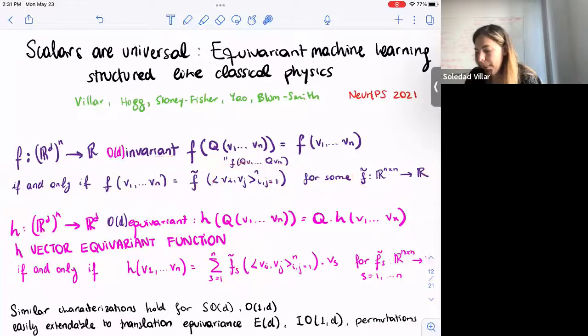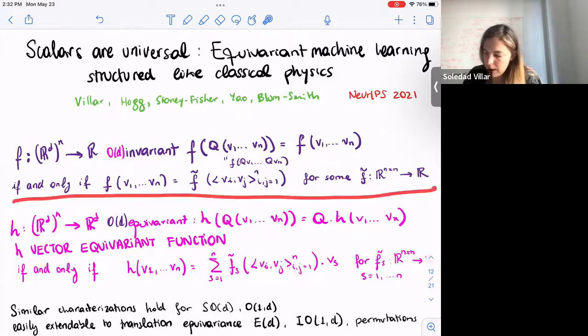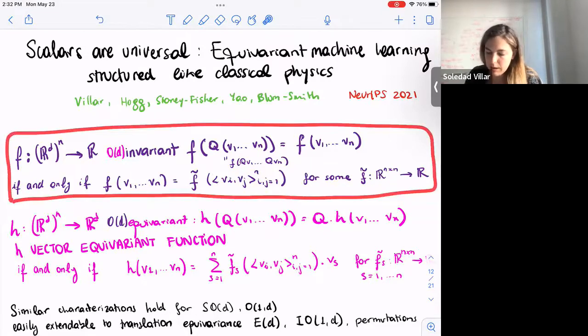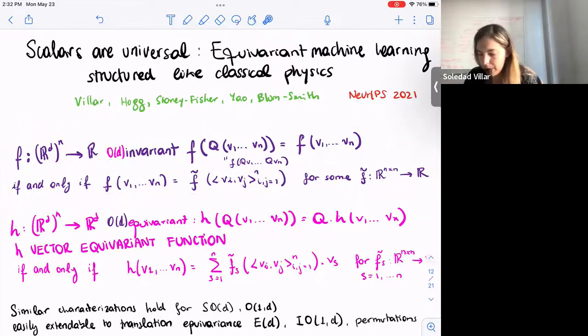So basically, any function that can be written as a function of the inner products is invariant. If I said equivariant, I should have said invariant, because the action on the output is trivial. So that is a classical characterization of invariant functions.